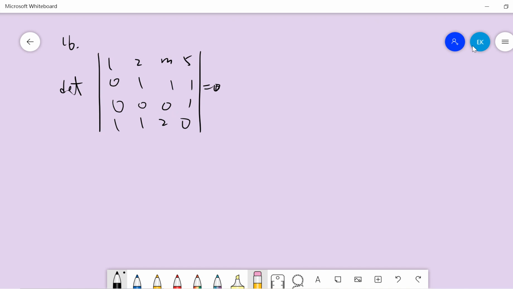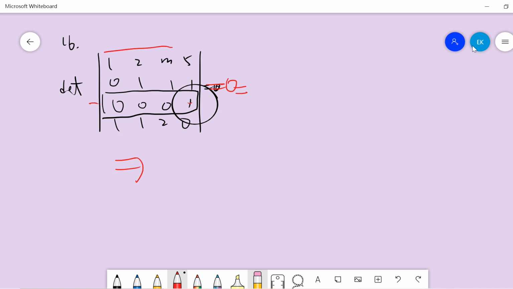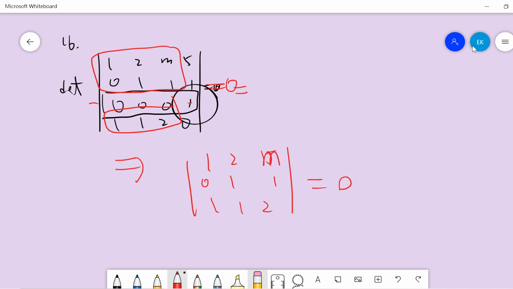The good thing is there is a row which contains the last part. So basically, this determinant is 0, because only this is remaining, which implies that the determinant of this matrix is 0.